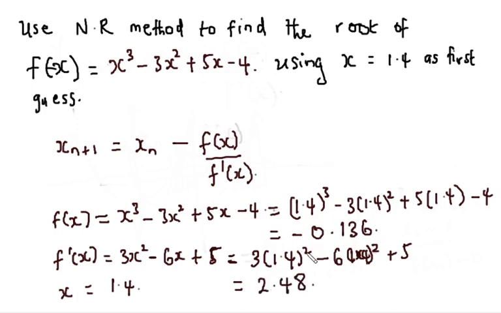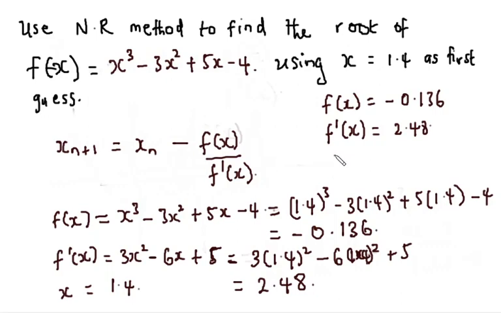Sorry, this is a bit scattered here. So if you take all these values side by side and write them here, you have our f of x value is equal to minus 0.136, and then we have our f prime of x value to be equal to 2.48. We have our x n value, that's our first guess value, to be equal to 1.4.